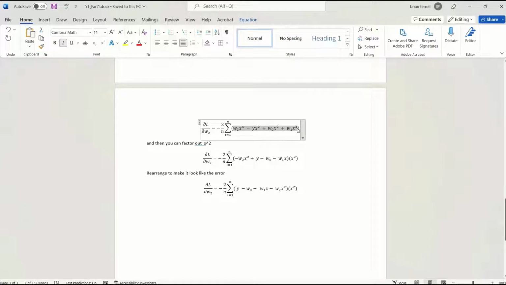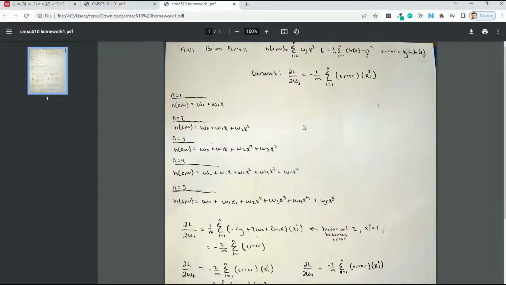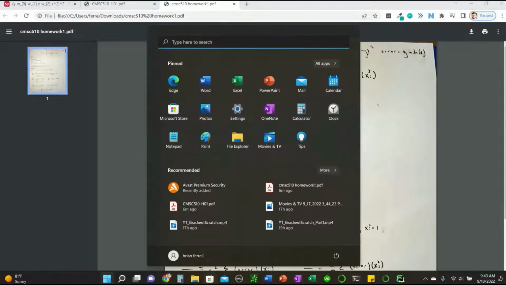With this, you can factor out the x squared. x is not a constant, so you don't take it out of the summation. Technically, there could be a little i right here because x is our training data. But here you can factor out the x squared, and then we can rearrange it to look like this, which is just our error. Same formula as before: the -2 times the summation of our error times x_j.